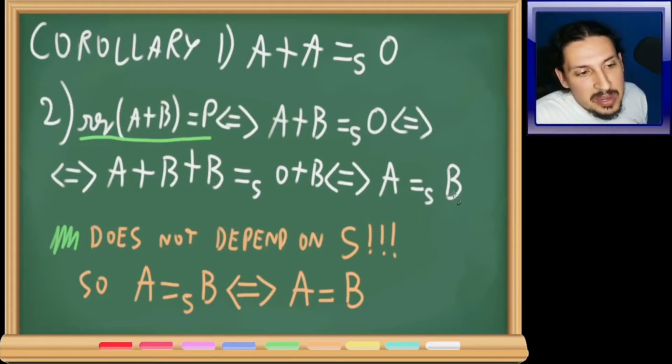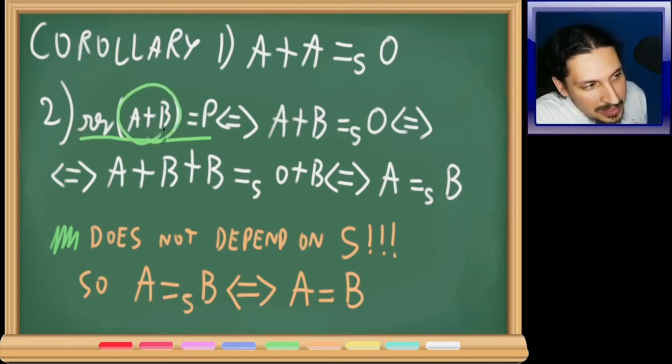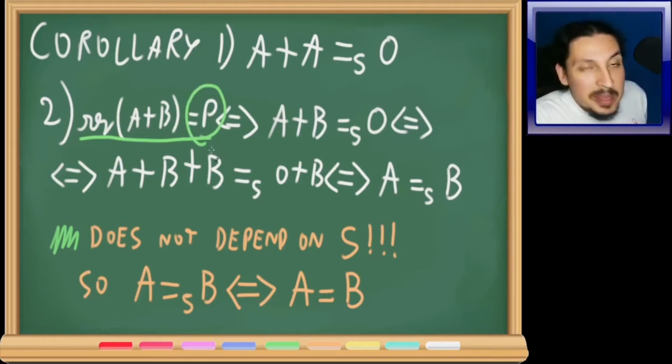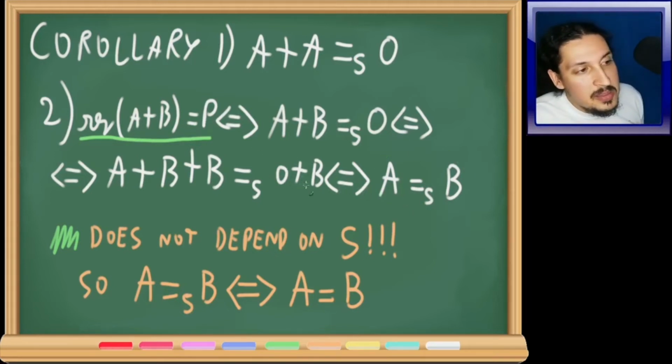Two games A and B are equivalent if and only if you play the game A plus B, you run the dynamic programming algorithm, you check the result, and if it is P, if the previous player wins A plus B, then A and B are equivalent, and if it is N, they are not equivalent. This is tremendous. And this is the key of combinatorial game theory, basically.